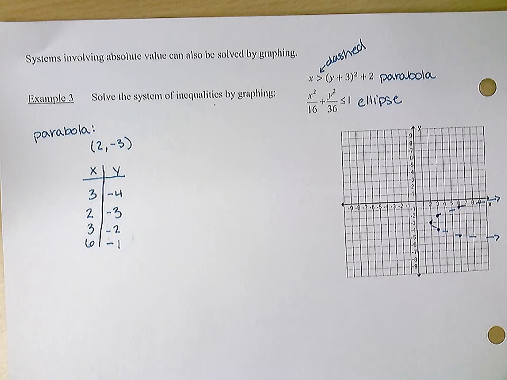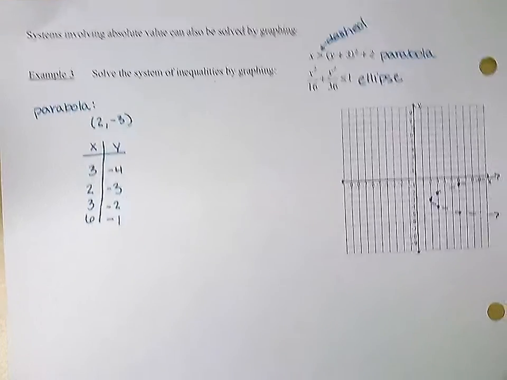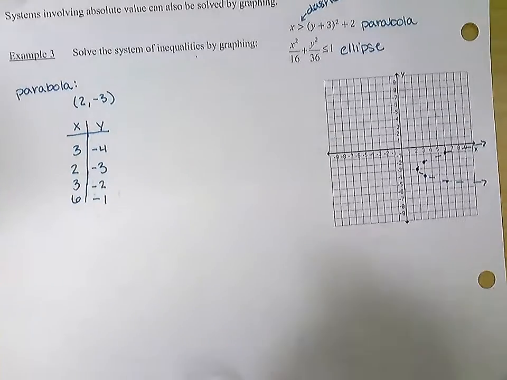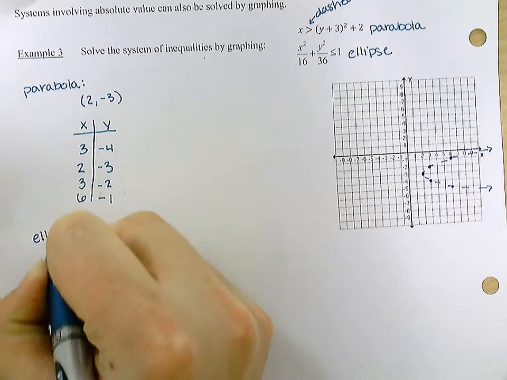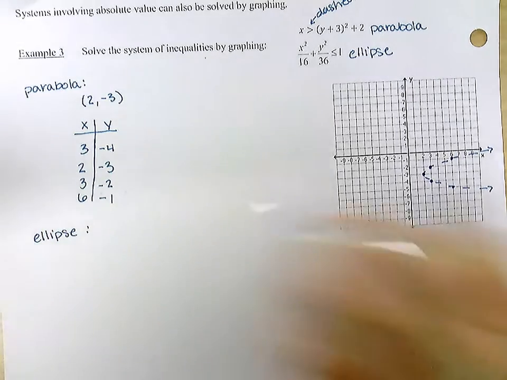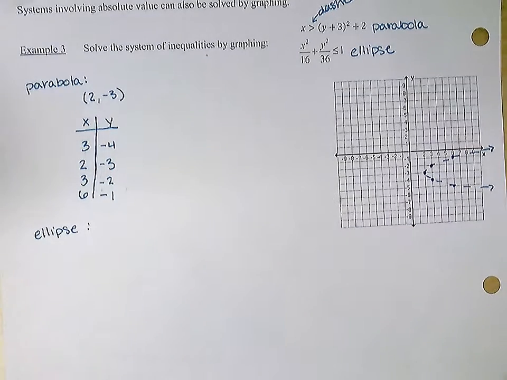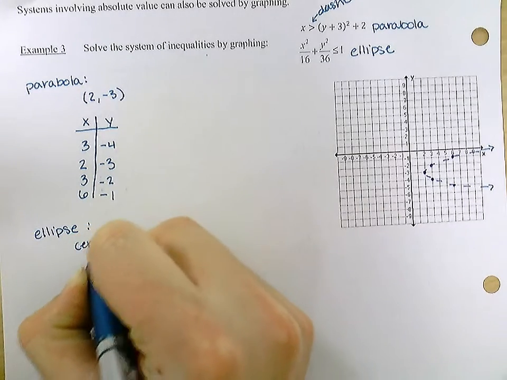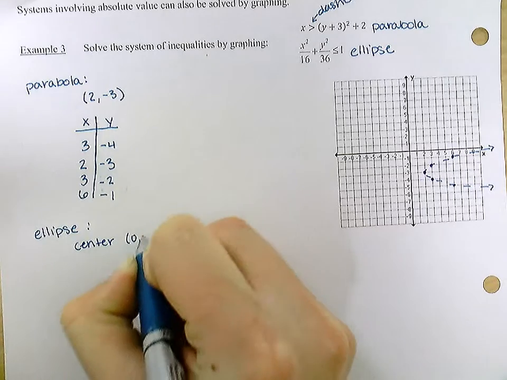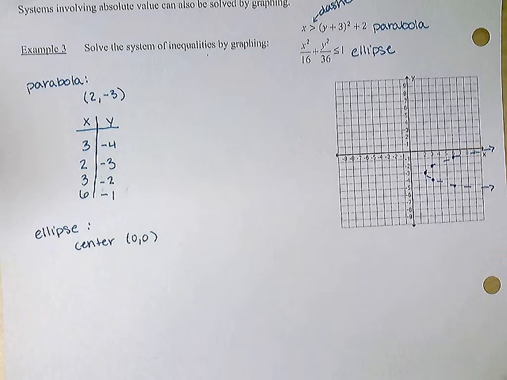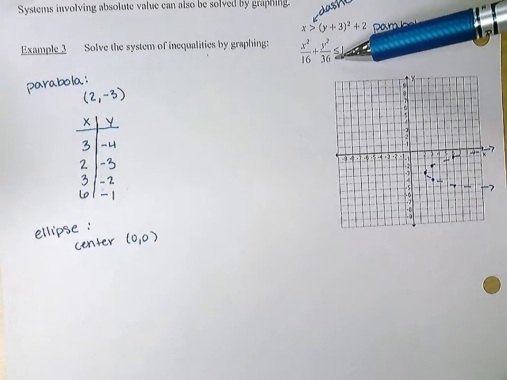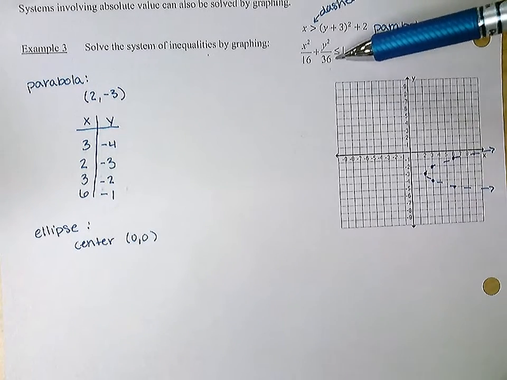Okay, next I want to graph this ellipse. The center of this ellipse is at (0, 0). Okay, your a value is your greatest term.